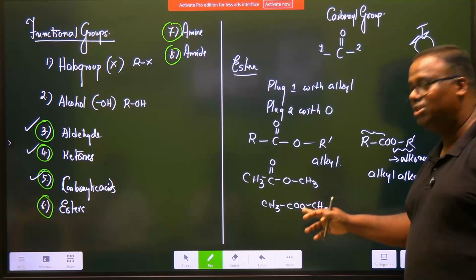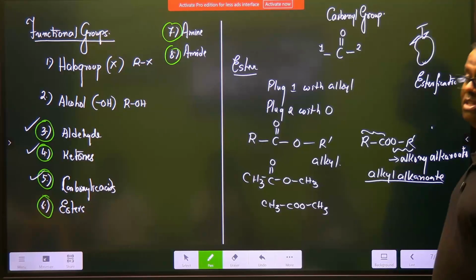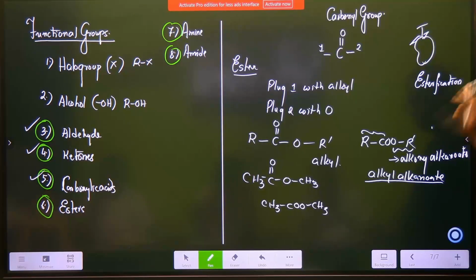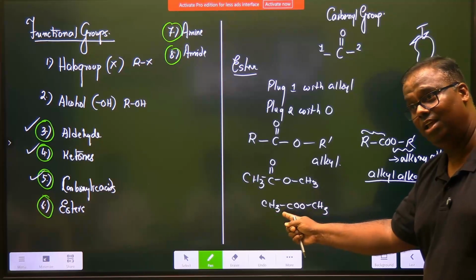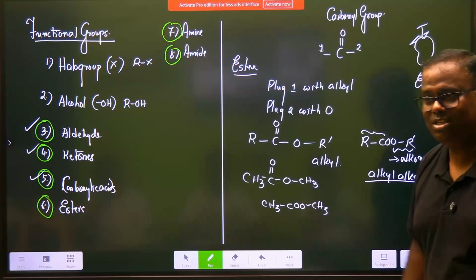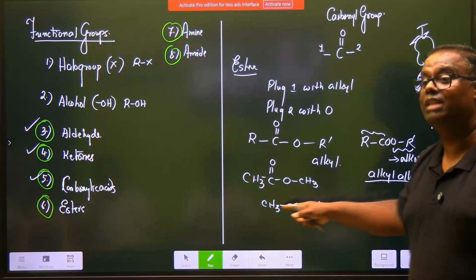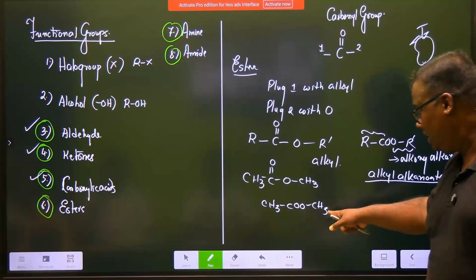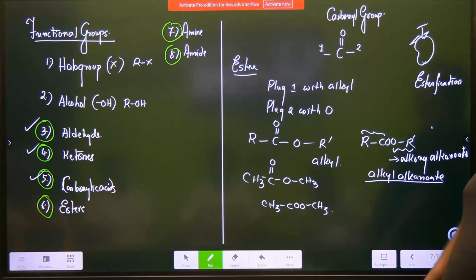Who is attached with oxygen? CH3 is what group? Methyl group. So as per the new name, how will you name it? Methyl. Who is on this side? Also methyl, but don't leave this 2 carbon atoms. So it is eth now. Methyl ethanoate. Alkyl alkanoate. Methyl ethanoate.